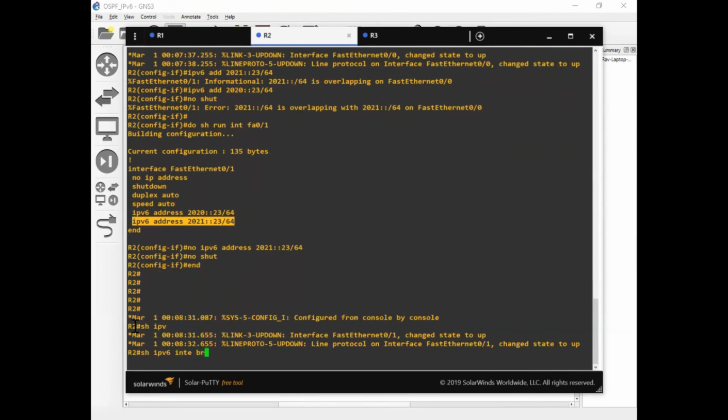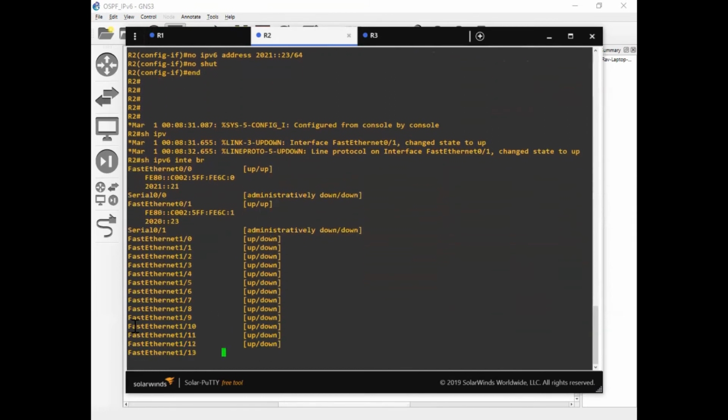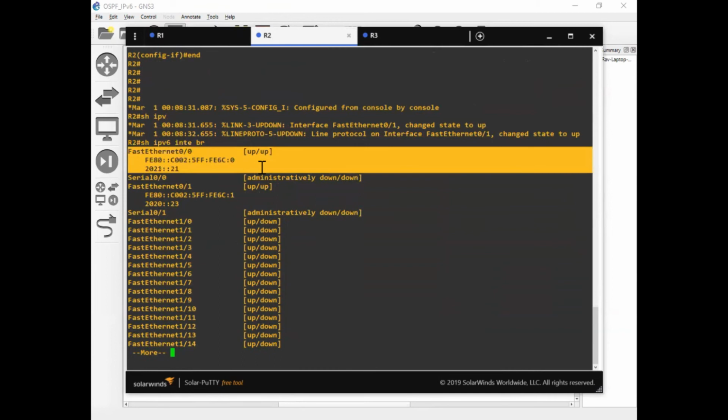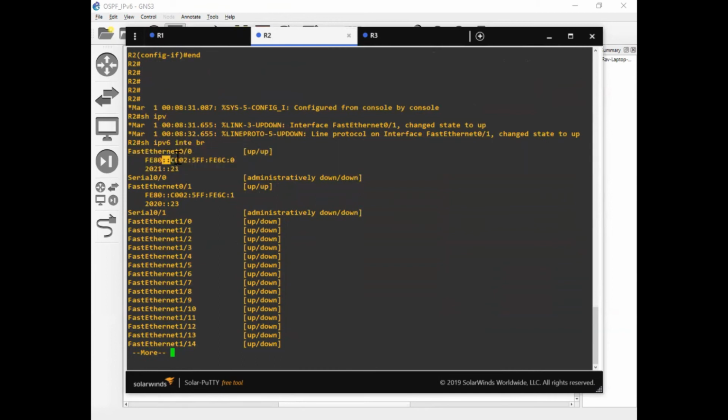So if you see, instead of show IP, I am putting show IPv6 everywhere. And you can see over here, I have a link-local automatically generated. Can you see this FE80? This is your link-local. Here also, you can see link-local is automatically derived. But these are the IPv6 addresses which I am defining on my behalf.